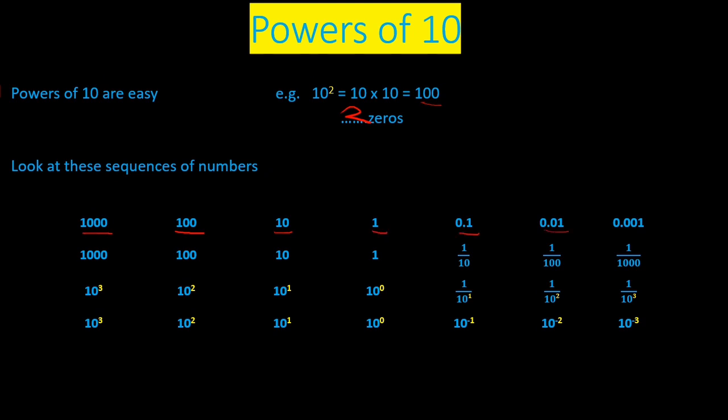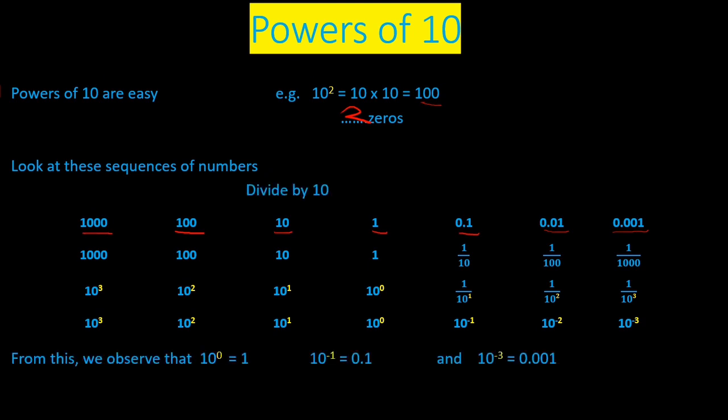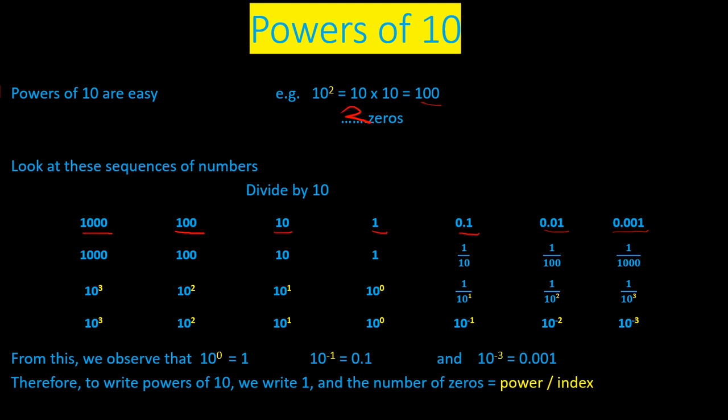You can see here that as we move from the left going to the right like this, we are dividing by 10. 1000 divided by 10 is 100, 100 divided by 10, 10. 10 divided by 10, 1. 1 divided by 10, 0.1. 0.1 divided by 10, 0.01. And 0.01 divided by 10, 0.001. So, we now want to convert these numbers to other forms, to standard form, and see how far we can get with that.